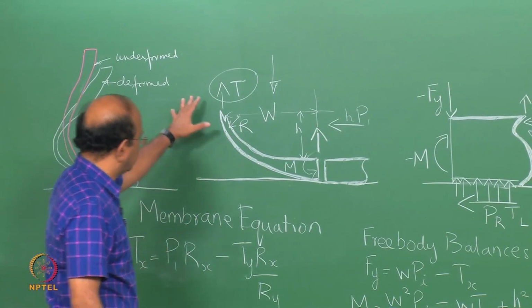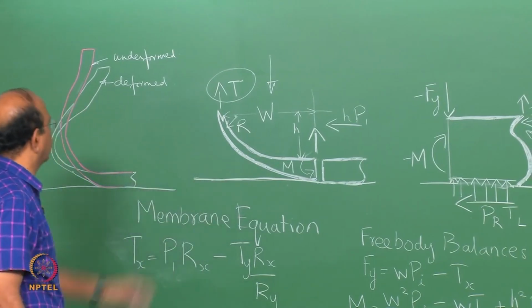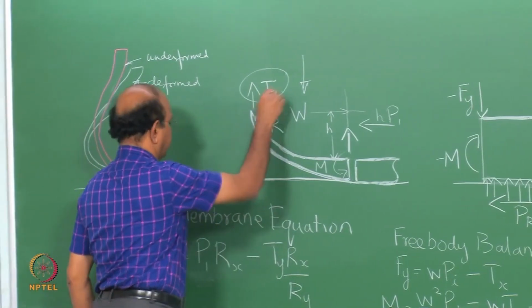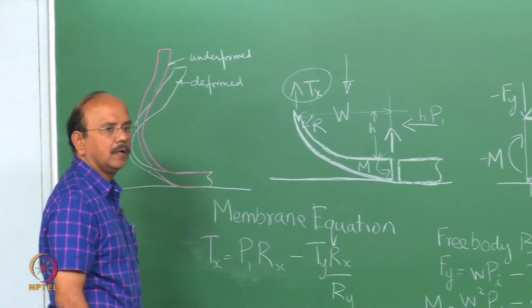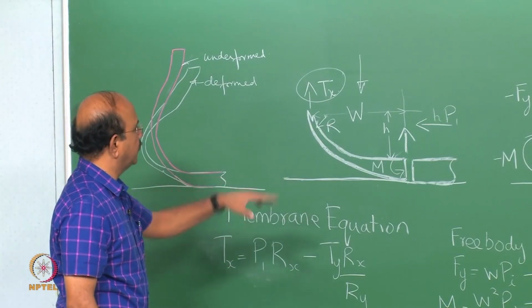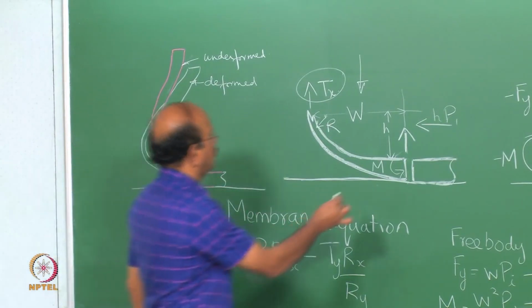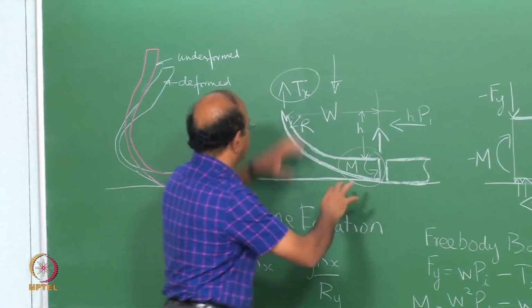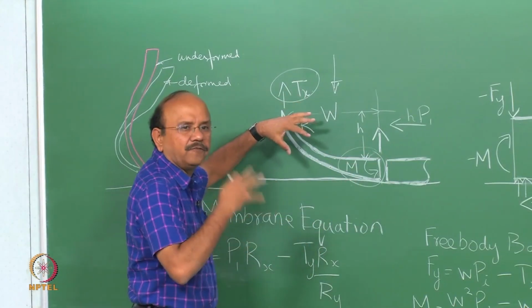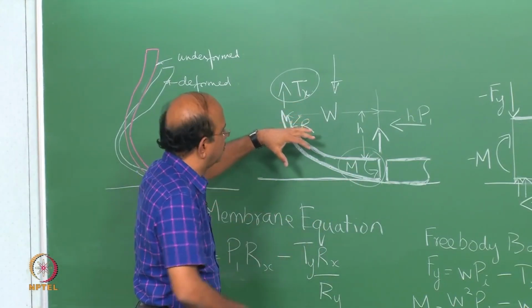So because of this effect, if I call this Tx, we have a bending. You can imagine that. First let us look at it physically, then we'll look at the equation.